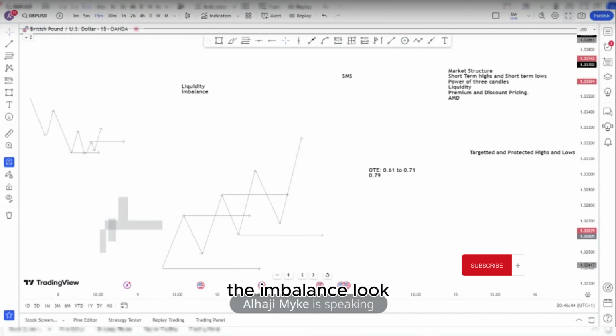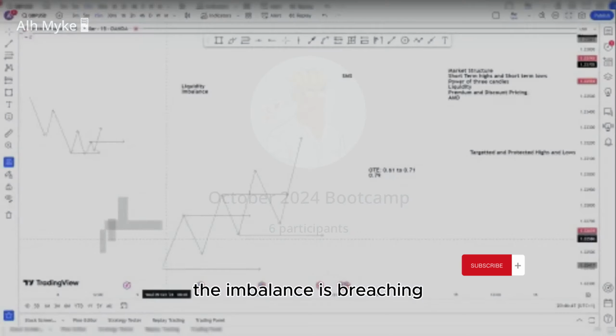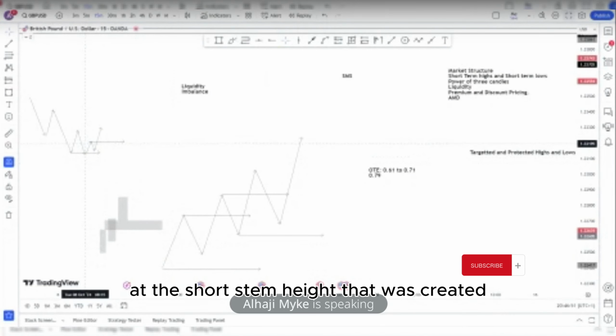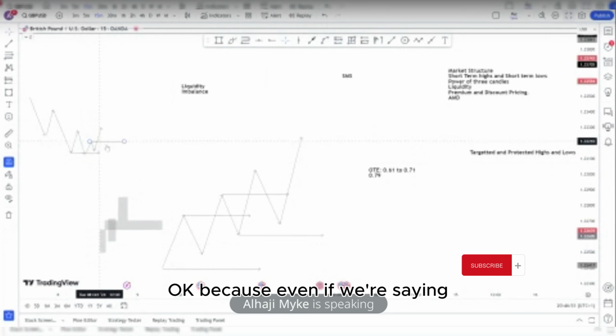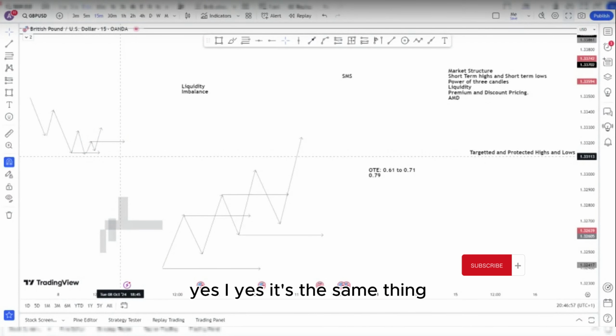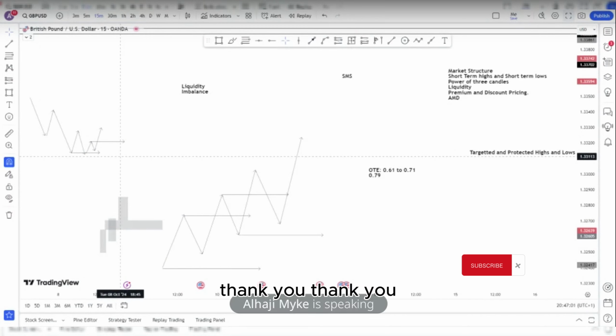Look, the imbalance is breaking the structure at the short-term high that was created. I don't know if we're saying the same thing, it's just grammar. Yes, it's the same thing. Okay, thank you.